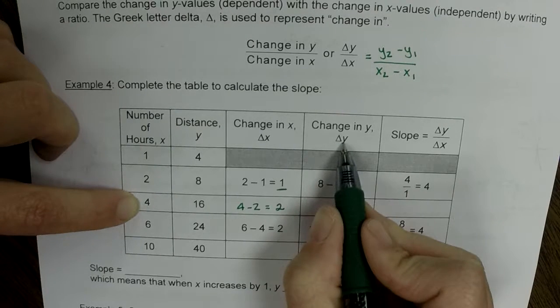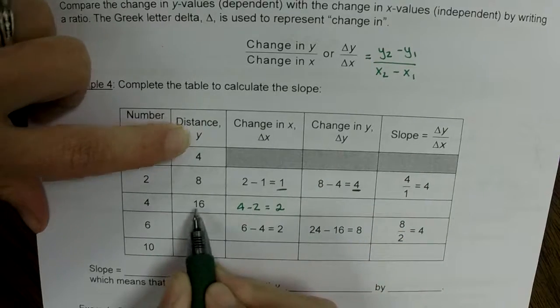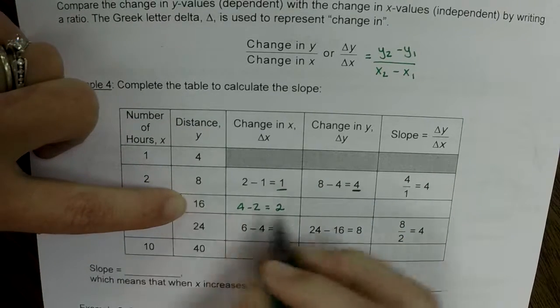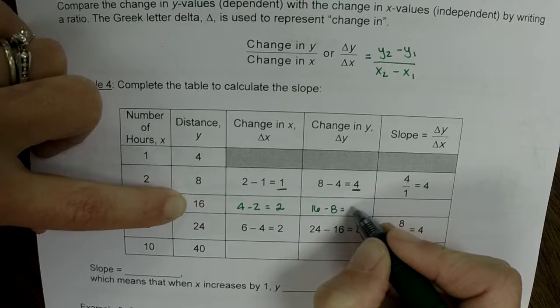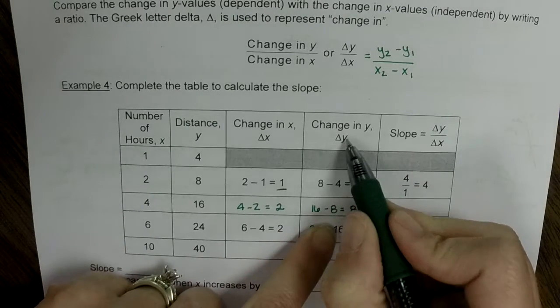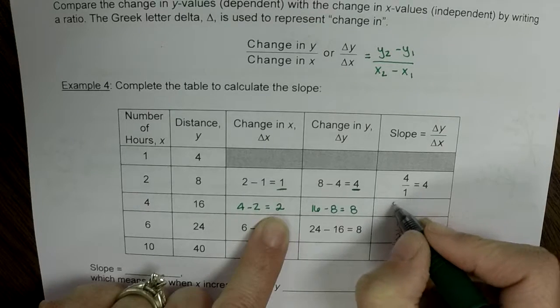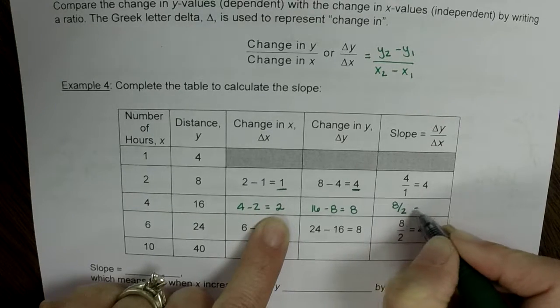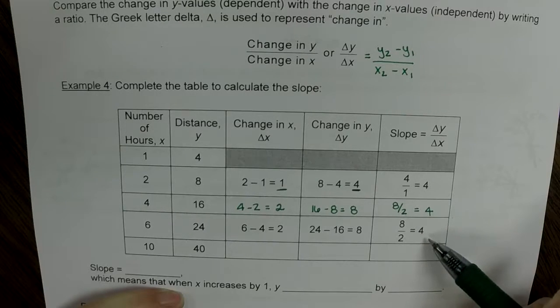And then here's the change in y, so I'm going to go to the y column and I would do 16 minus 8, which is 8. So now I do delta y, which is this column, so 8 divided by 2, which is 4. And then they did the next one for you and they got 4.